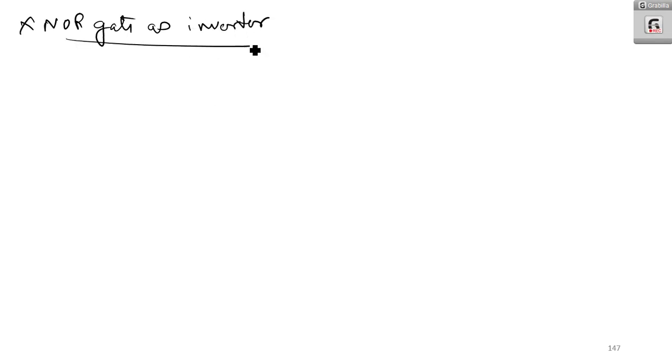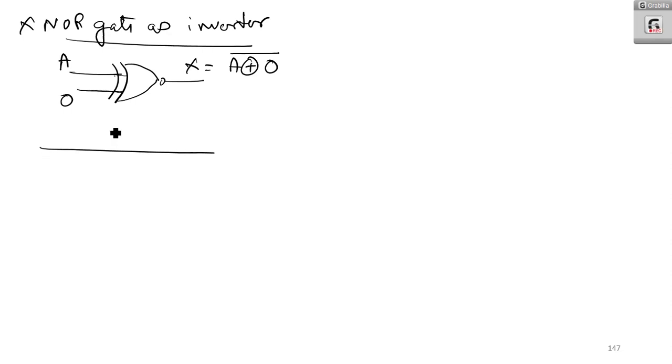So I am having an XNOR gate with input A. Suppose I am giving 0 as the other input. So I will get S equal to A XNOR 0. Let me check what happens here.